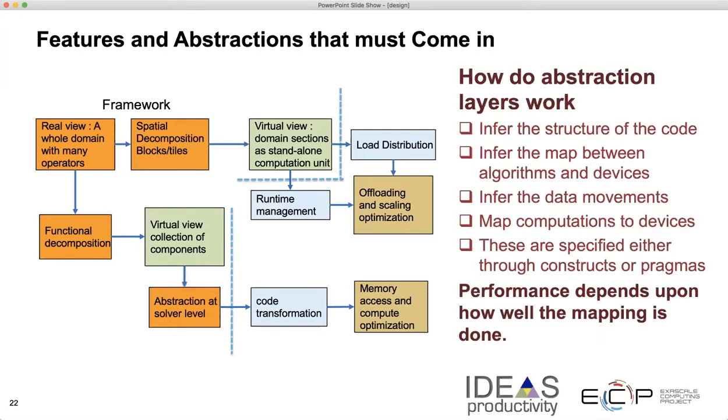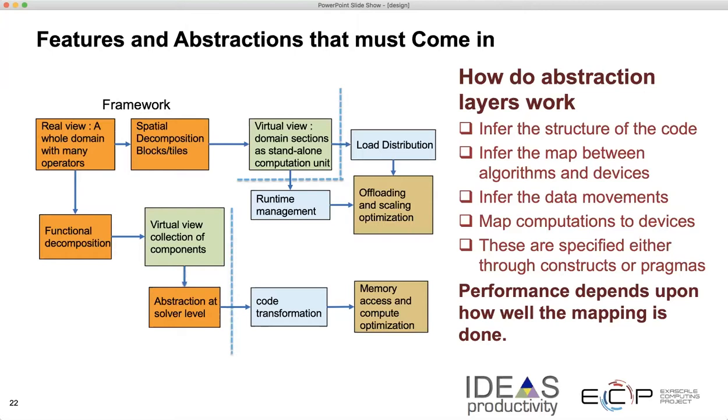So how do the abstraction layers work? The abstraction layers that are used by many of the codes infer the structure of the code. They also infer the map between the algorithms and the devices. They infer the data movements. Then they map the computations to devices.